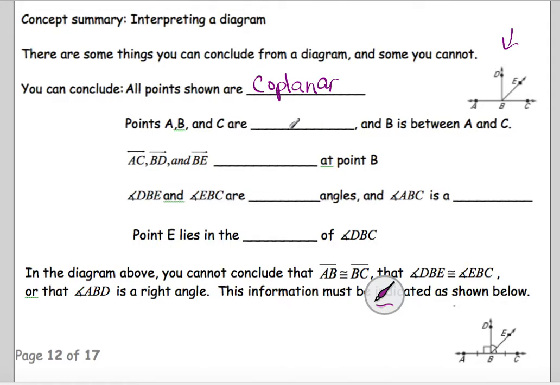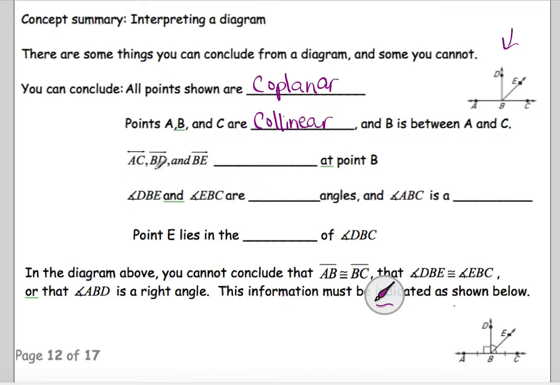There's no 3D aspect to this image, no dotted lines or anything like that. Points A, B, and C are all along this line, so points A, B, and C are collinear. And B is between A and C, not necessarily in the middle, but somewhere in between them.